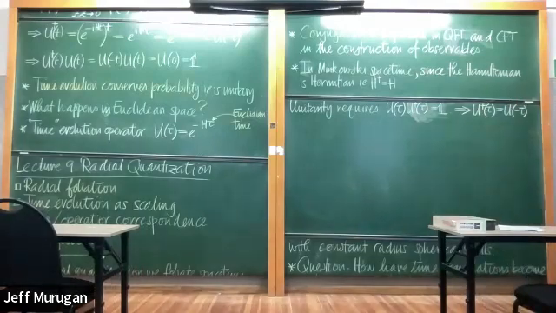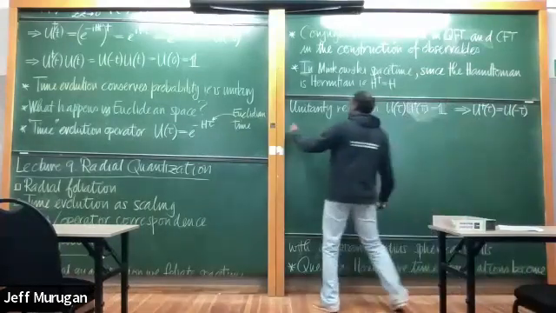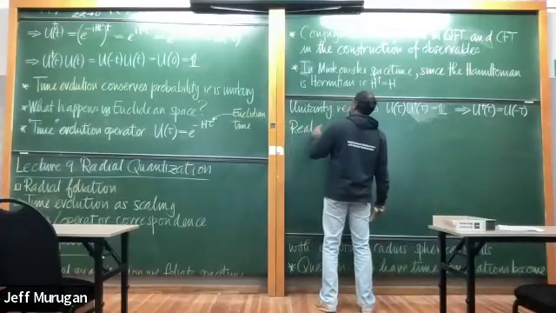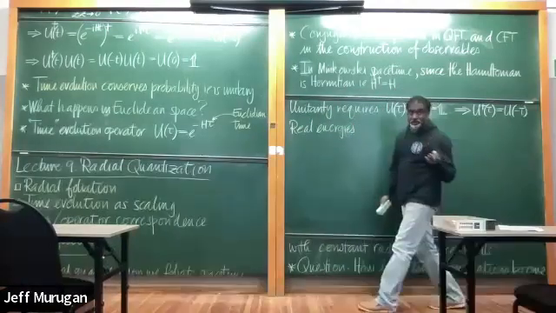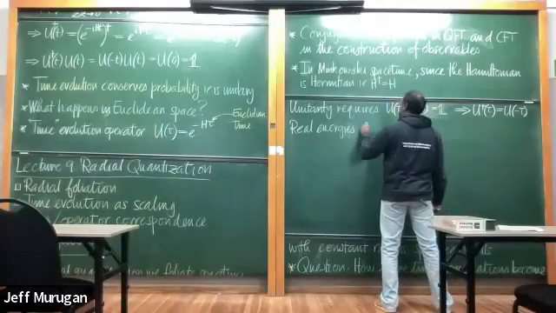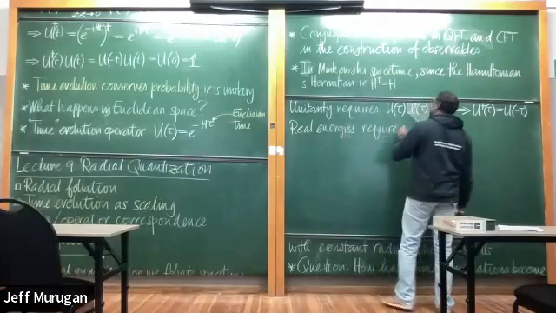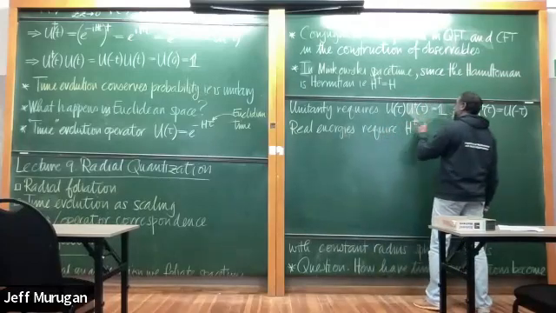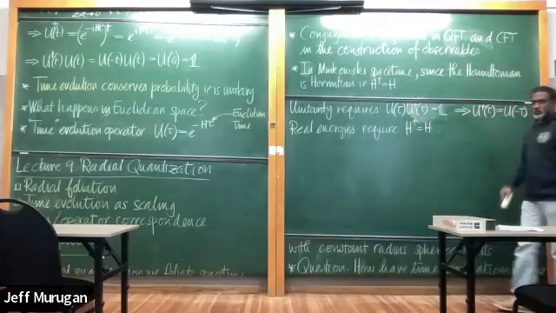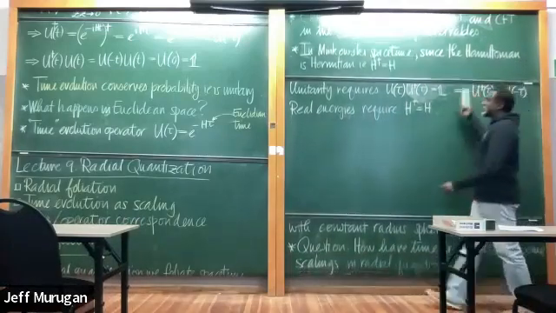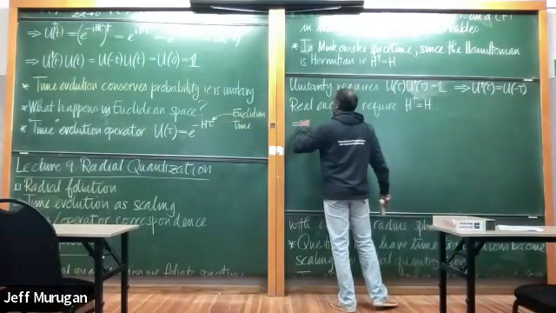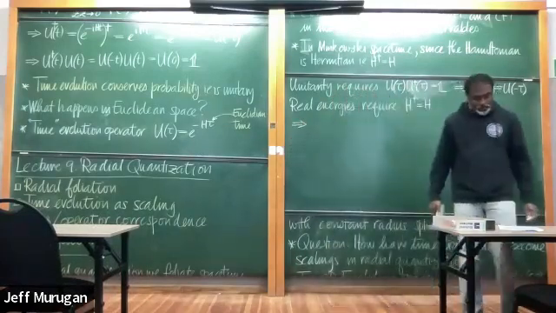We still want real energies. The real energies, which are eigenvalues of the Hamiltonian, require that H dagger equal H. And both of these together would mean that I need to conjugate time.